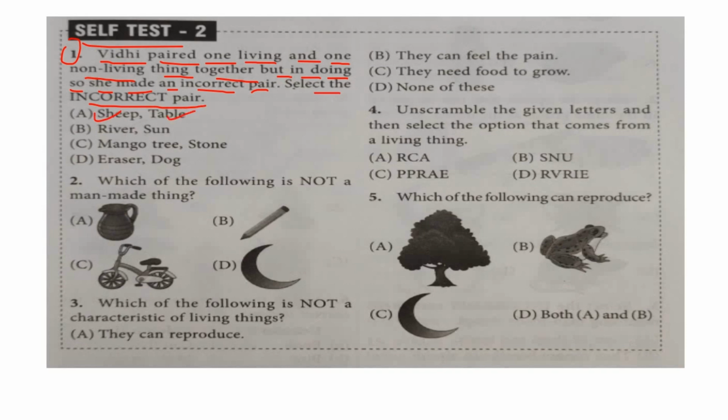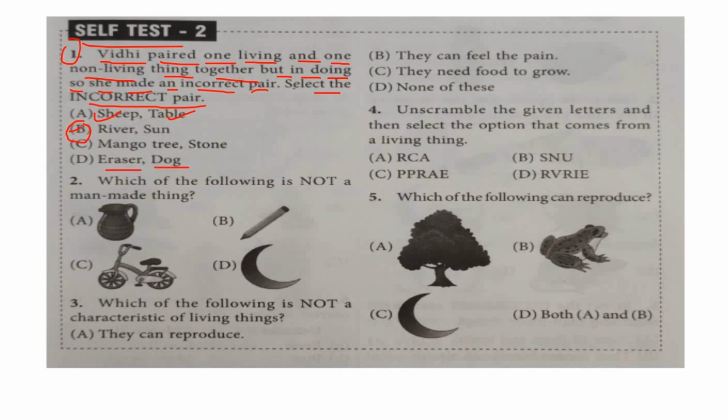This is a correct pair. Now in option B, river and sun, both are non-living things. In option C, mango tree and stone. So in option B both are non-living things, but in option C we have mango tree as living and stone as non-living. In option D we have eraser as non-living and dog as living.